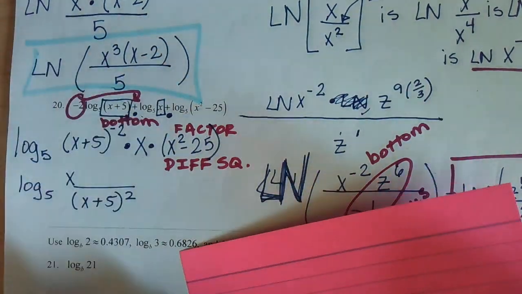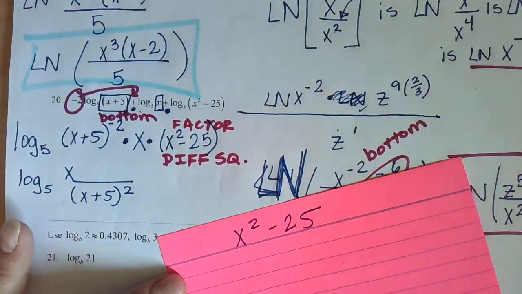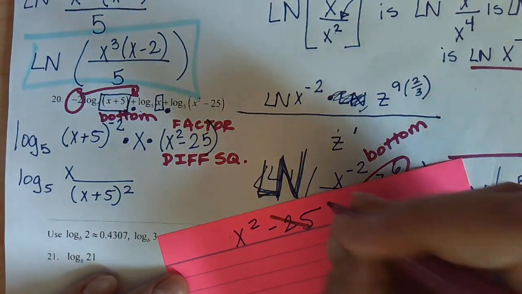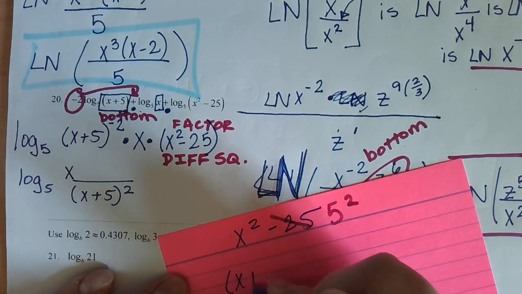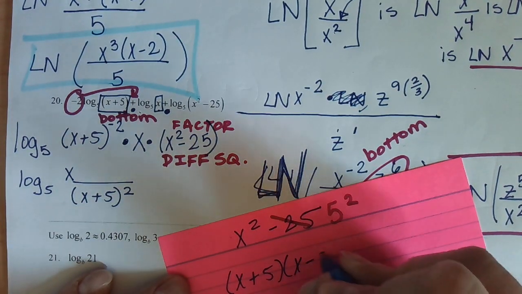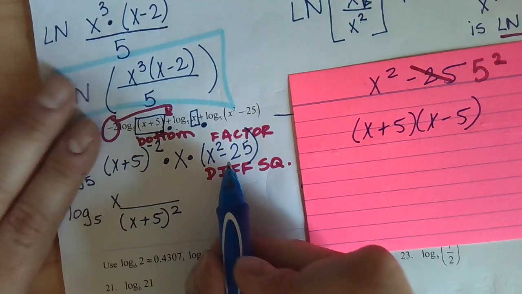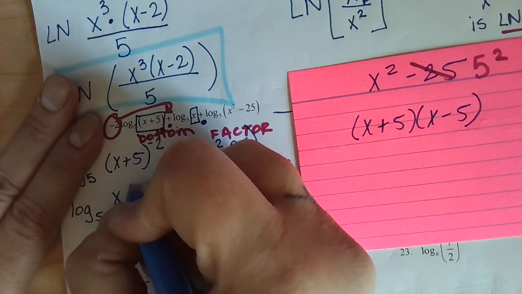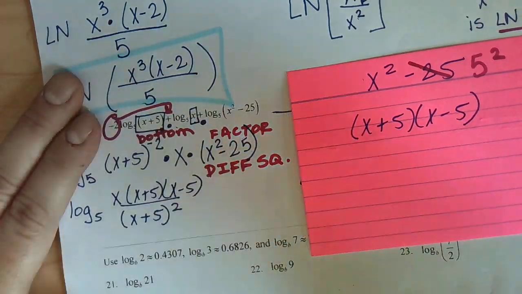So for us, we have x squared minus 25. Well, if I can change that 25 to 5 squared, this becomes x plus 5, x minus 5. Okay, we just factored this x squared minus 25 to x plus 5, x minus 5.